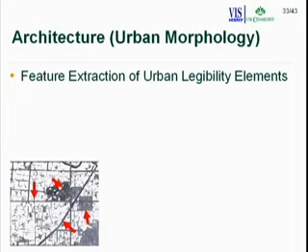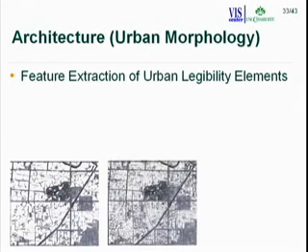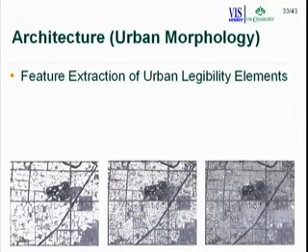Just pointing out some of the features here, we can do this in an iterative manner where we do more and more simplification, and by doing that, more and more elements will start to appear.